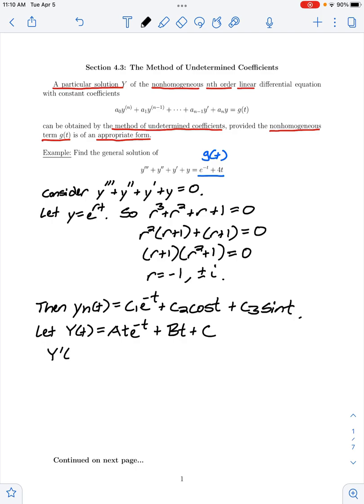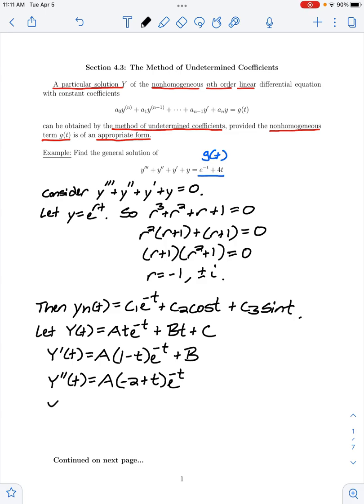For capital Y prime, we have a times, by the product and chain rules, we get a 1 minus t e to the negative t plus b. Then for the second derivative, we have a times a negative 1 minus 1, and then plus t, all times e to the negative t.